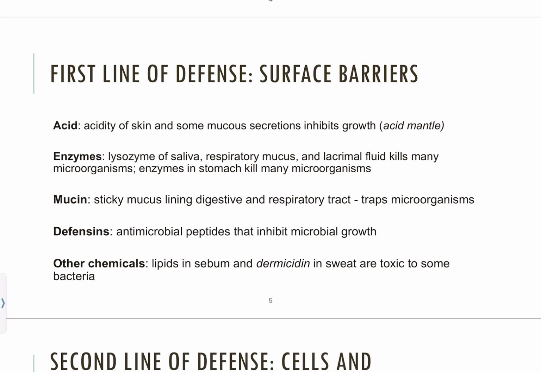Other things are like mucin. We also have defensins, which we mentioned in chapter 17. These were the antimicrobial proteins that link together to form a spear to poke holes in the plasma membranes of microbes. And then we have some other chemicals, so things like sebum and dermcidin.